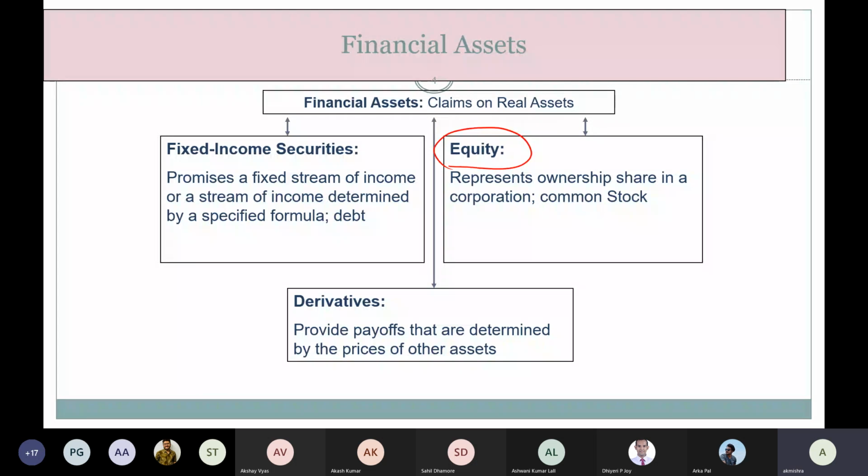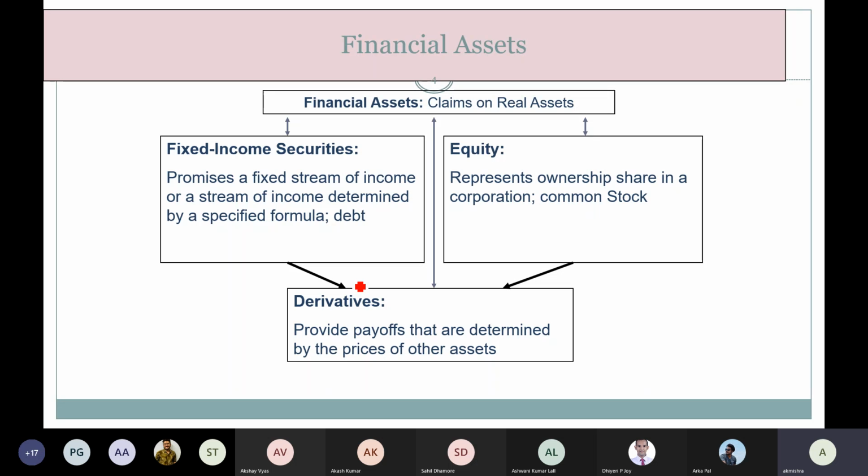So we can broadly classify all these financial assets into three categories. First category is your fixed income securities. Second category is your equity, and third category is basically your derivatives. By name itself, it is a derived product.